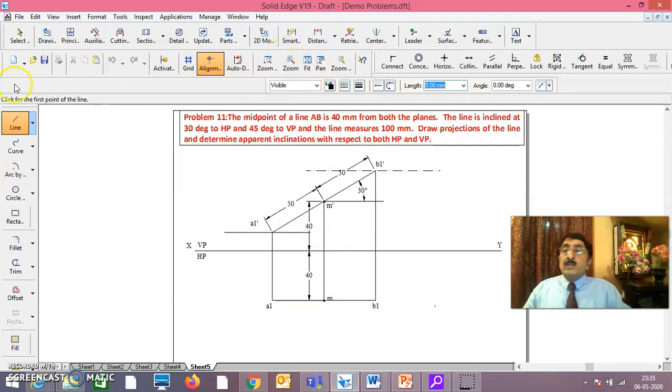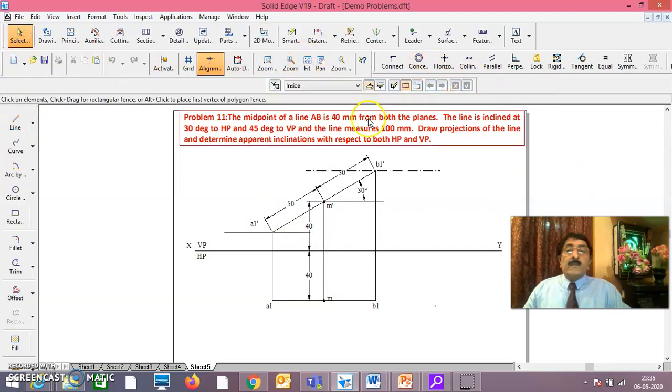Now this also shows the locus type. Now this is A1 dash, that is B1 dash. You have locus in the front view, locus in the top view.